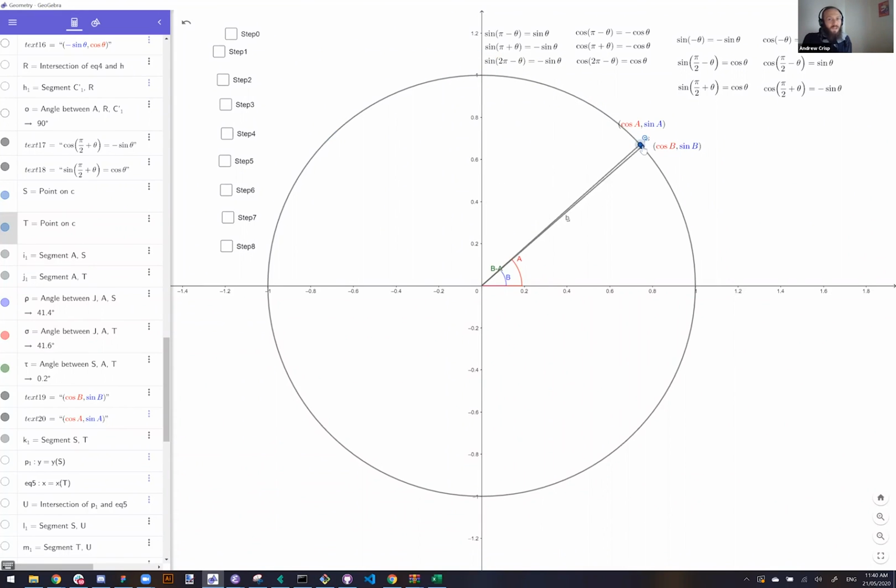There they are, laid on top of each other. All the way back at the beginning, I mentioned that the unit circle is all the points that are exactly distance 1 away from the origin. So we already know what A and B are. They're both distance 1, and they always will be.